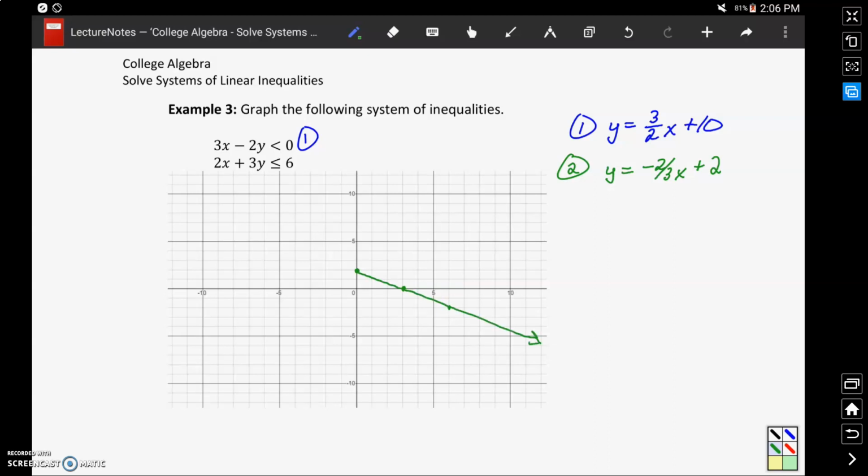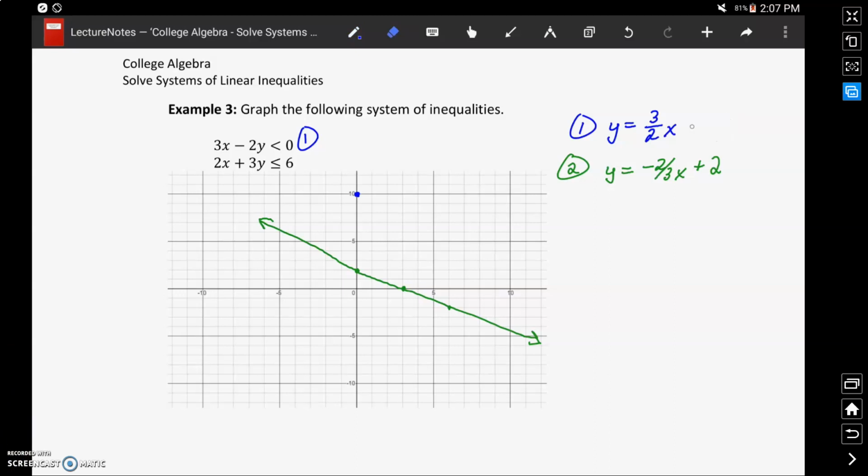We'll graph that with a solid line, since that inequality statement is not strict. But then for equation 1, where we have our intercept at 10 and a slope of positive 3/2. I'm sorry, we wouldn't end up with an intercept of 10 there.